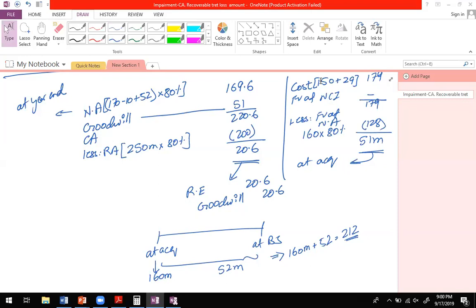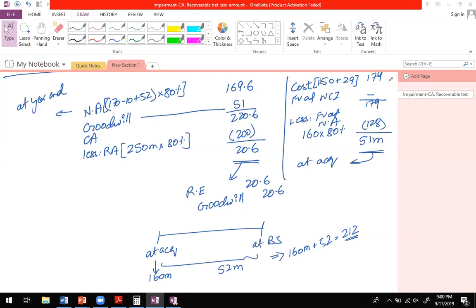So it's 160 plus 51 into 80%, and the goodwill was 51. So the sum was 200 and, okay, sorry, this is not 51, this is 52. This is also 52, and equals to 250 into 80%. So this minus this is the amount of the impairment loss.